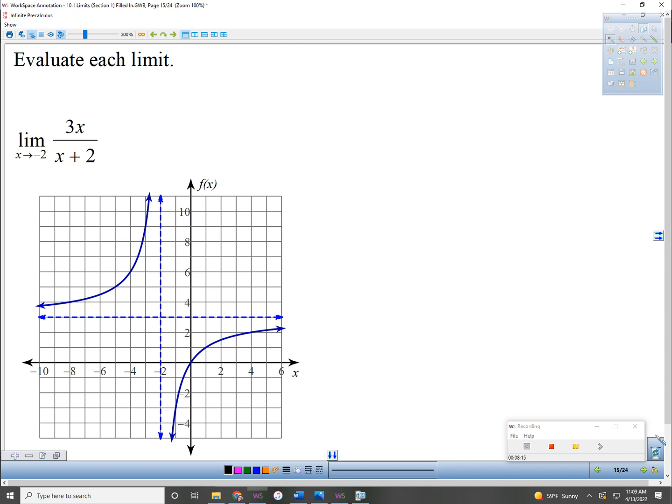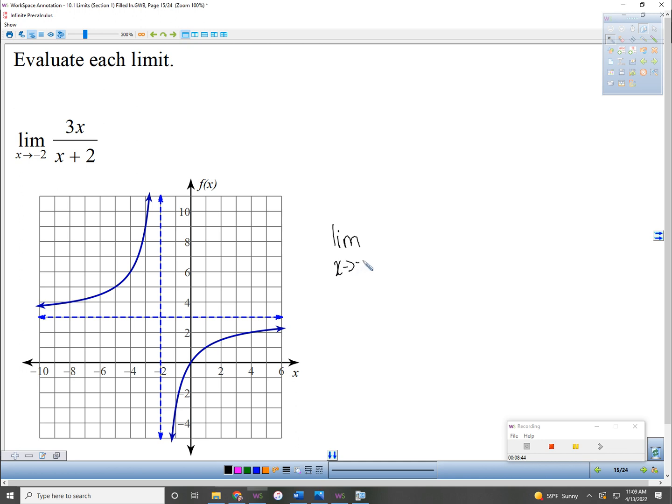All right, so the limit as x approaches negative 2. So I look from both sides. So this graph, as I get closer and closer to negative 2, is going to continue going up and up to positive infinity. And same thing over here, it's just going to keep going down, down, down to negative infinity. So therefore, since I am increasing and decreasing without bound on both sides, that would be a limit that does not exist.